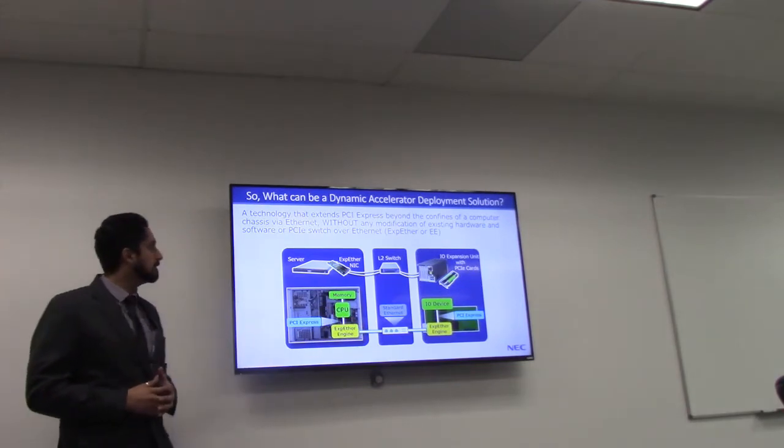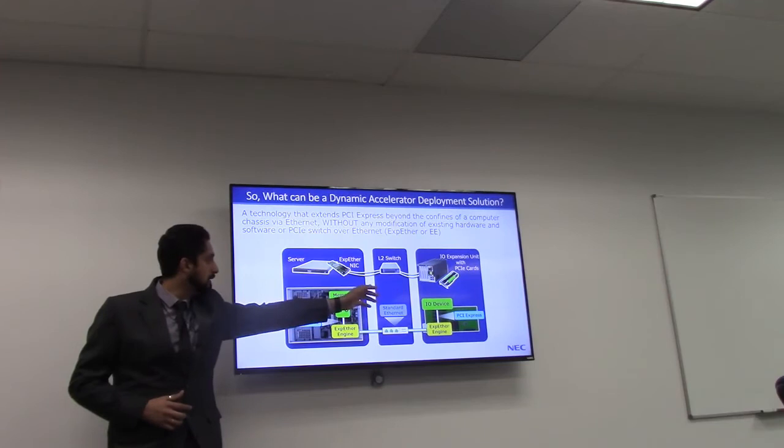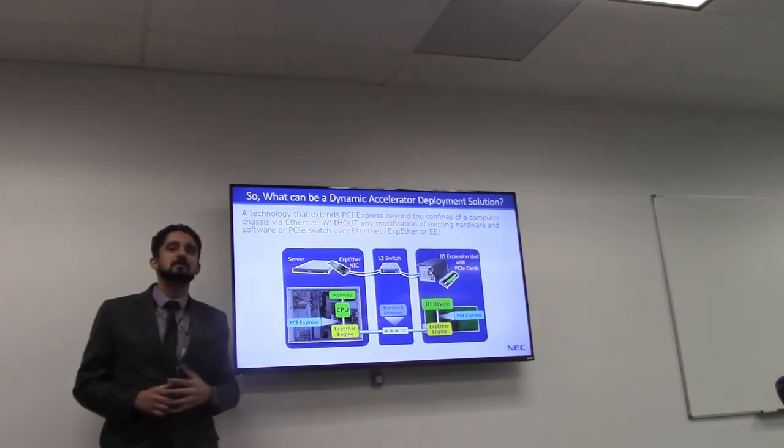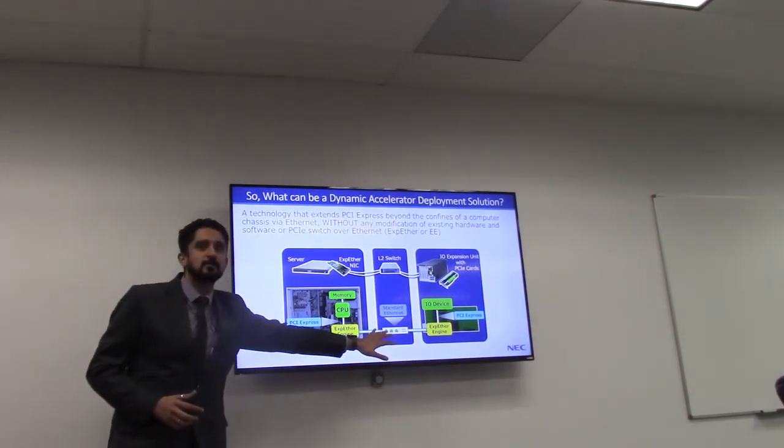What I'm saying is that we were able to put a GPU or an SSD or an accelerator remotely as well as locally, and achieve the same performance. That means the Ethernet behind is literally invisible.